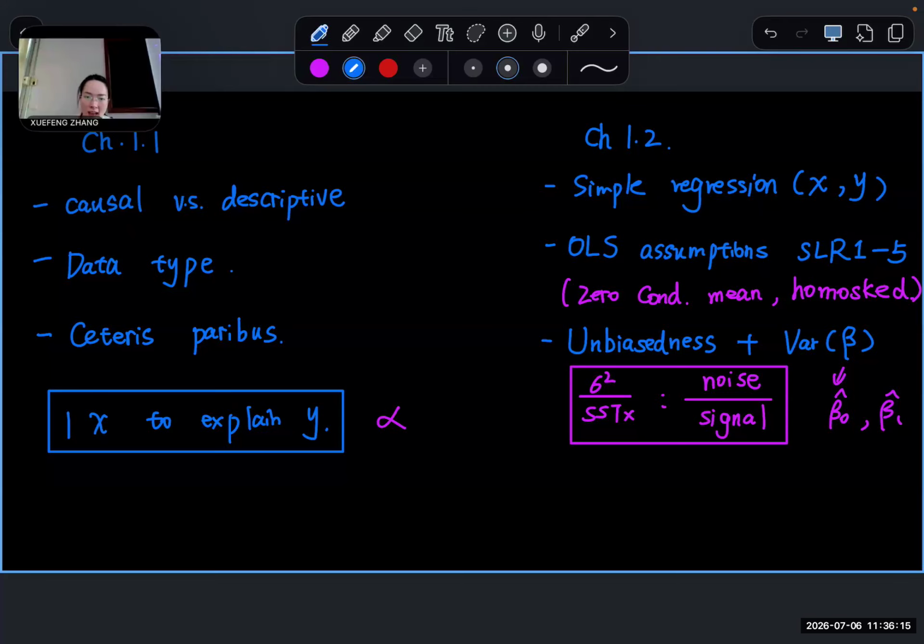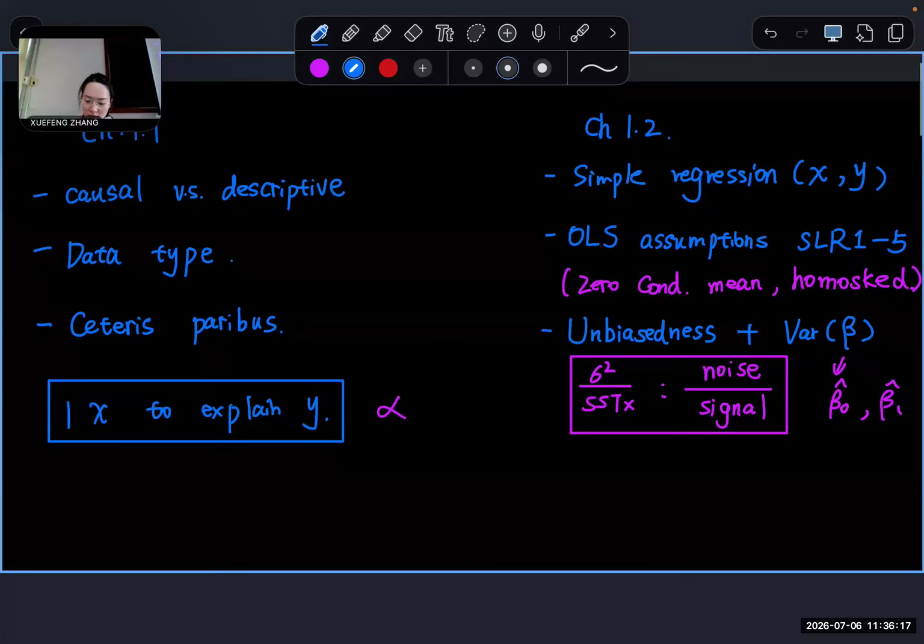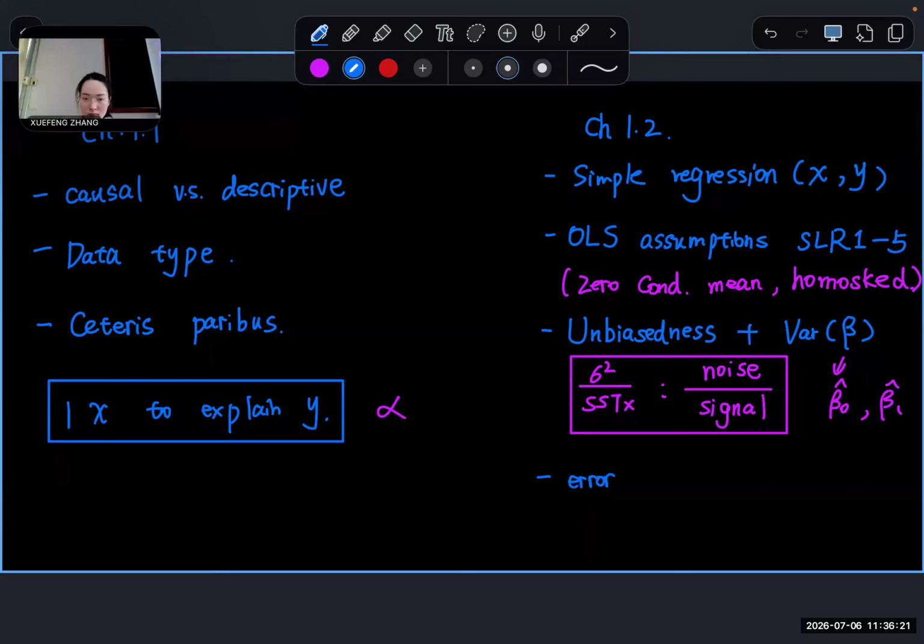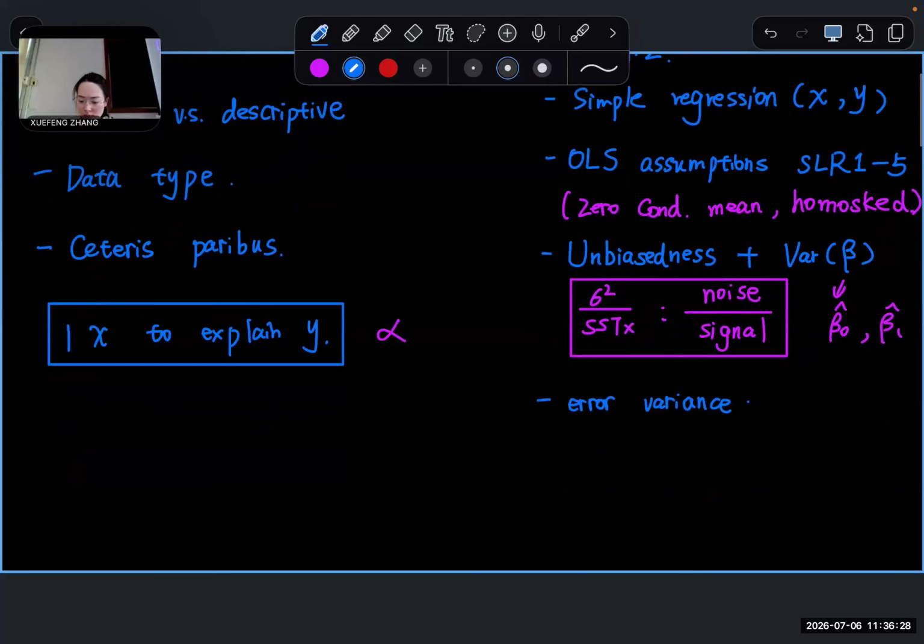And then the error variance, which is sigma square hat equal SSR, the summation of mu residual squared over n minus 2.